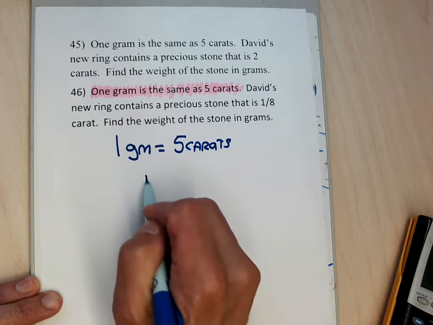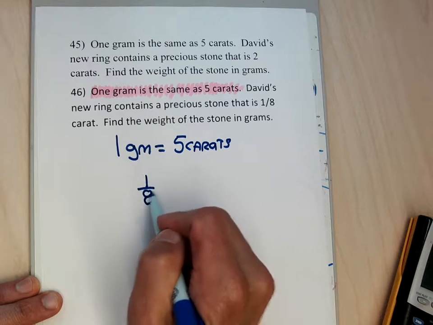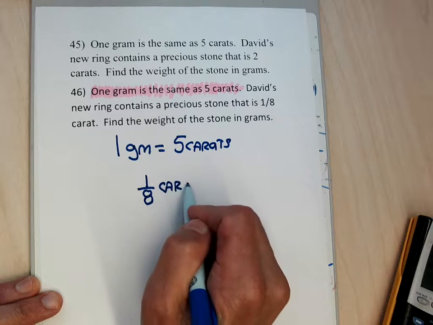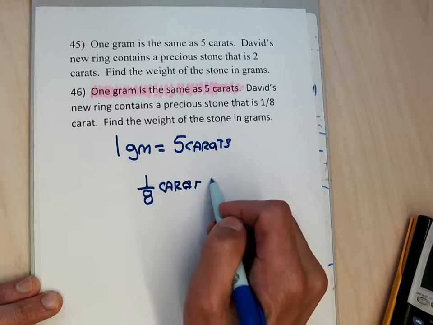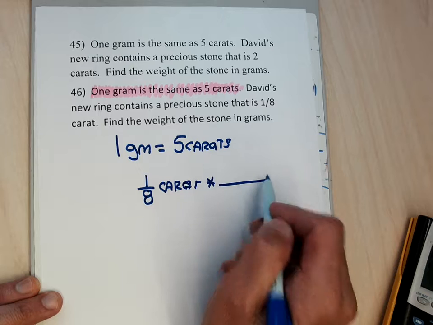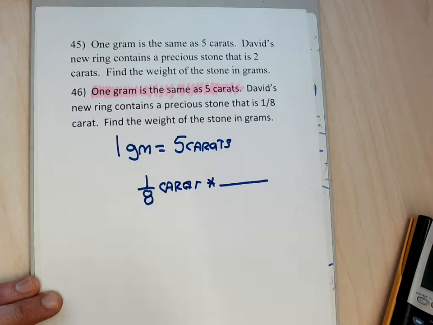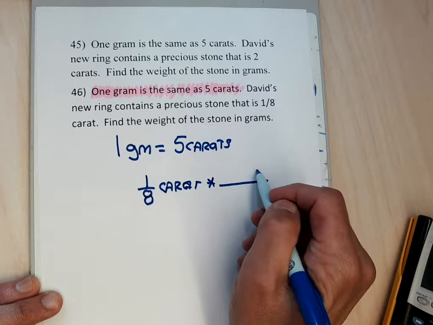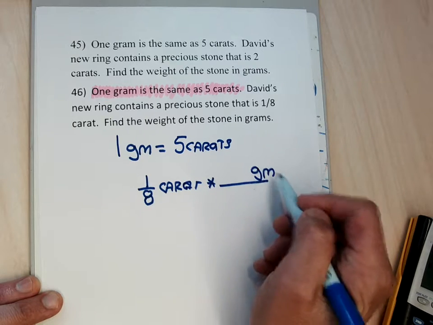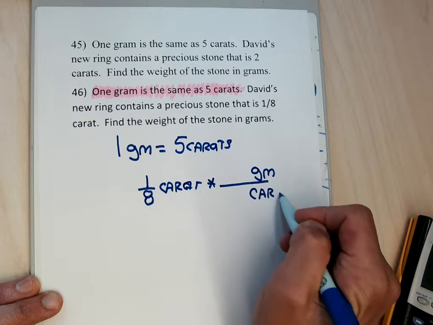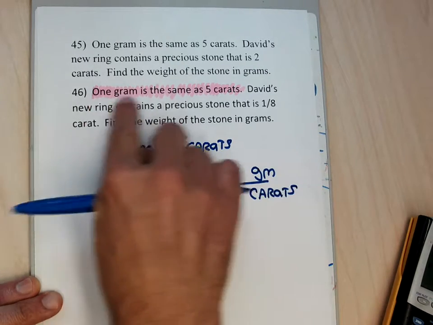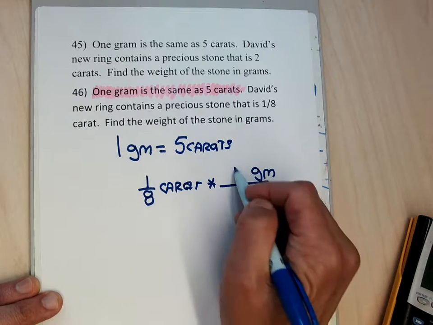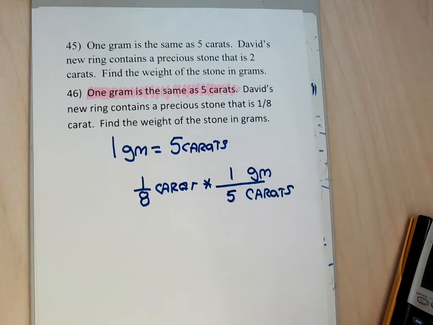What I need to do is change 1/8 of a carat into grams. And I'm going to do that by multiplying by a fraction that has grams that I want to end up with in the numerator and carats that I want to get rid of in the denominator. And I snuck that in there, that 1 gram is equal to 5 carats.